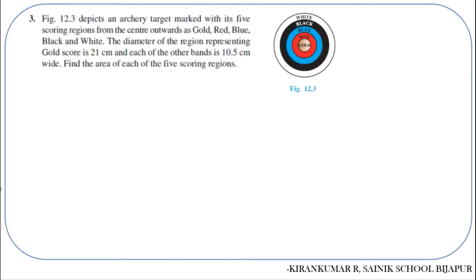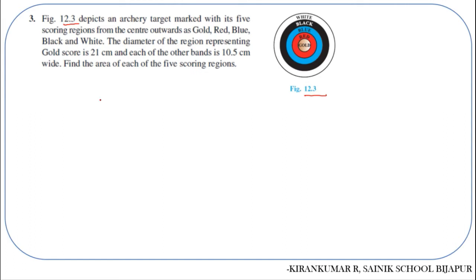Question number 3. Figure 12.3 depicts an archery target marked with its 5 scoring regions from the center outwards as gold, red, blue, black, and white.